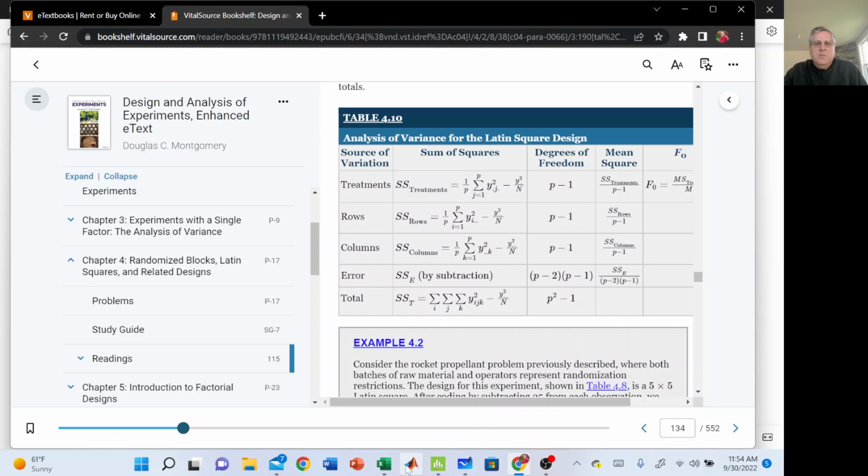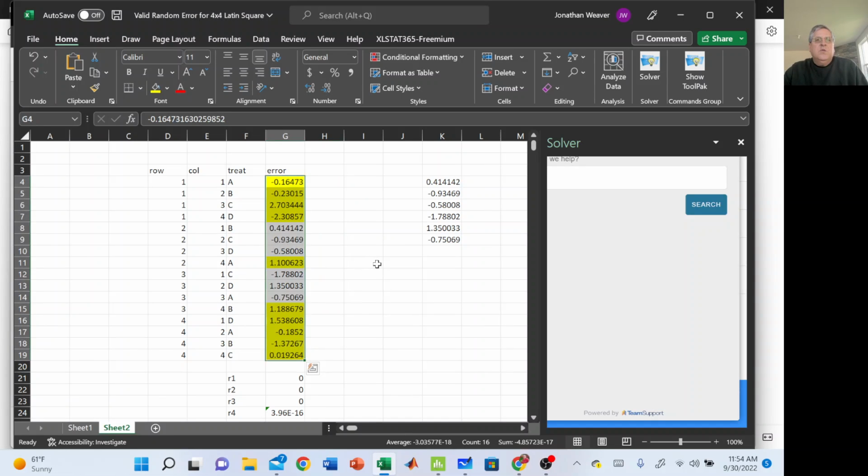So I've taken some time before this video to take 6 random error terms independent from Minitab, just random with mean 0, standard deviation 1. I've taken the 16 combinations, and in yellow I've blocked out the ones that essentially can be computed by the fact that the sum across any row has to be 0, the sum across any column has to be 0, the sum across any treatment has to be 0.